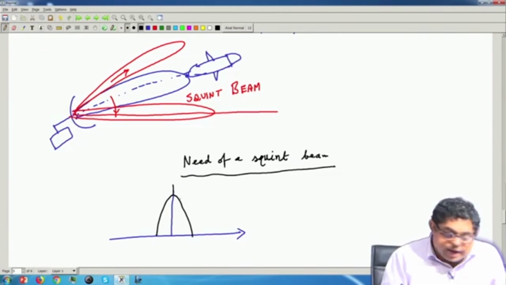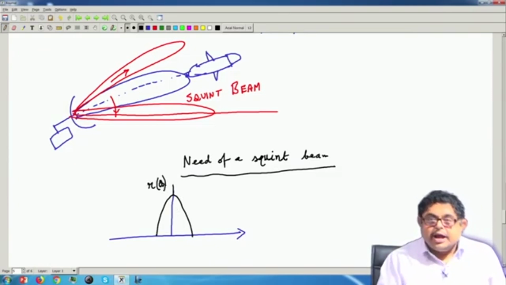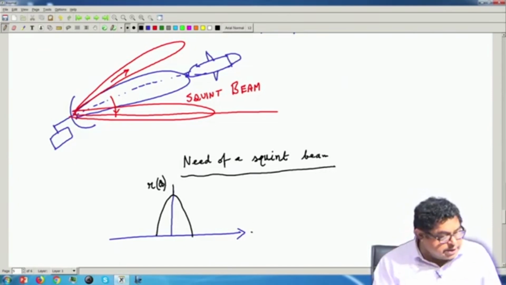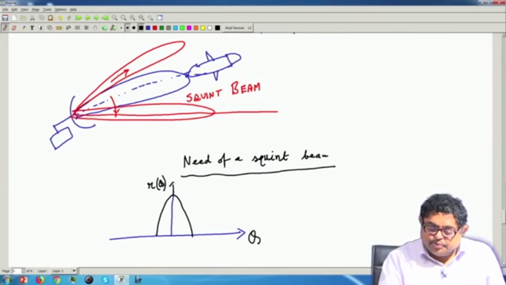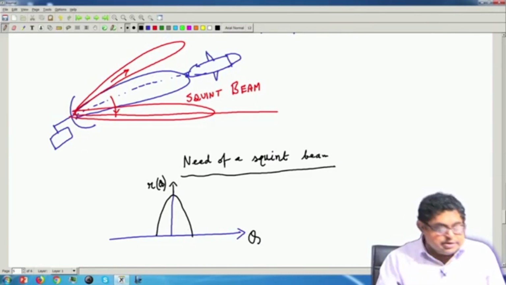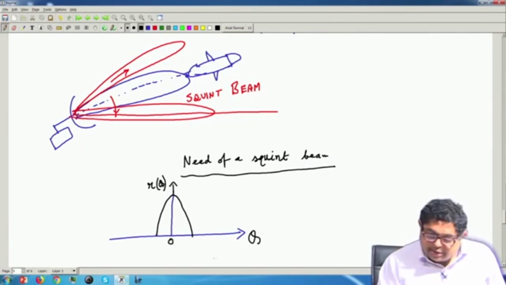I am calling that the angular response of the antenna, or radiation pattern of the antenna, versus theta. Actually, I am plotting that. So this is the beam; actually this is the radiation pattern of the antenna. This is the 0 angle and this is called a direct beam.